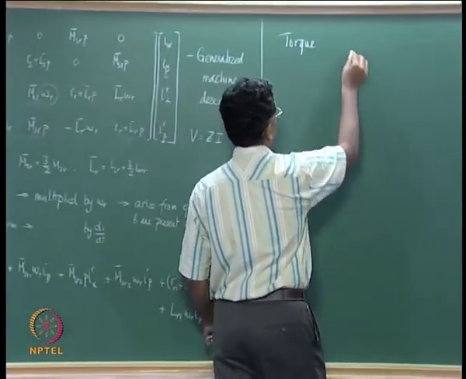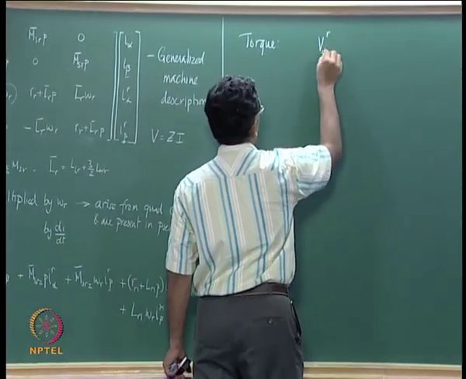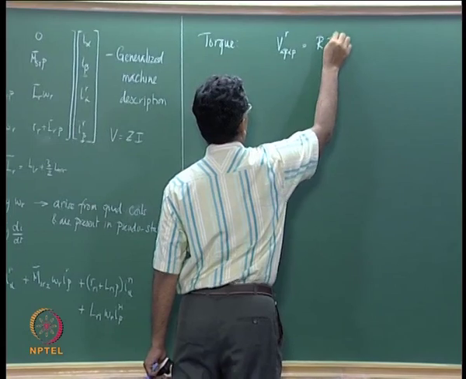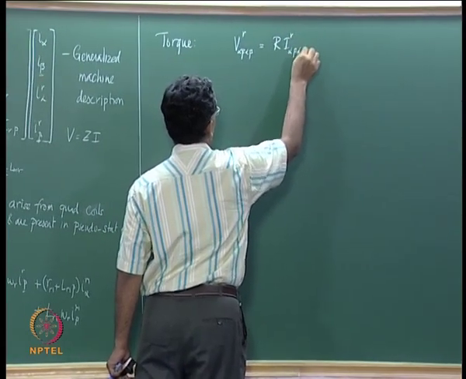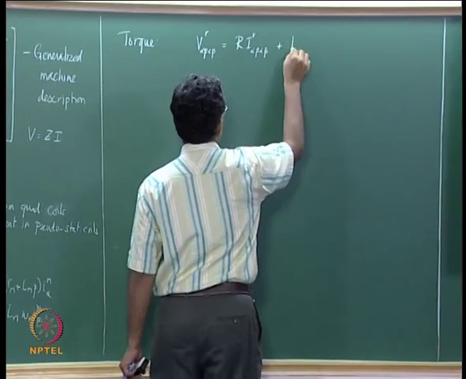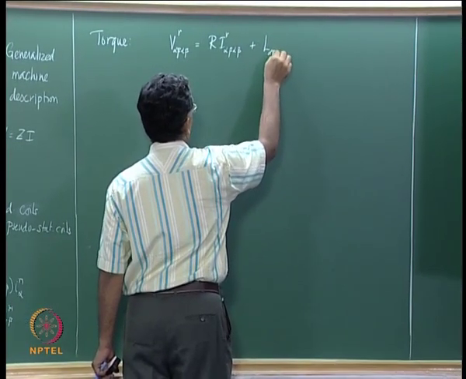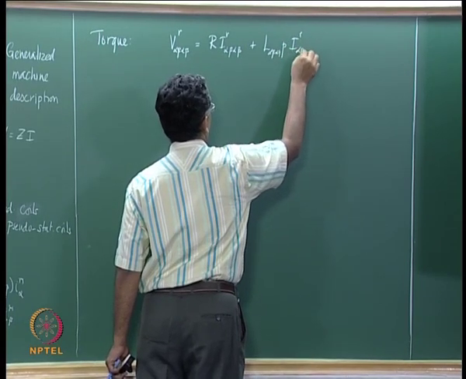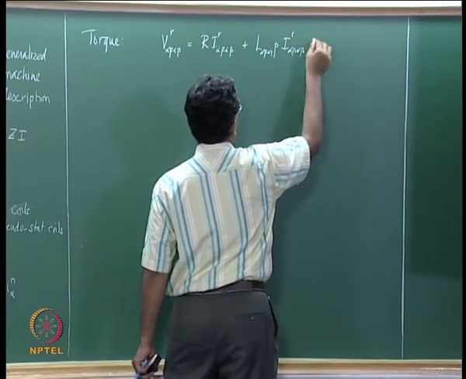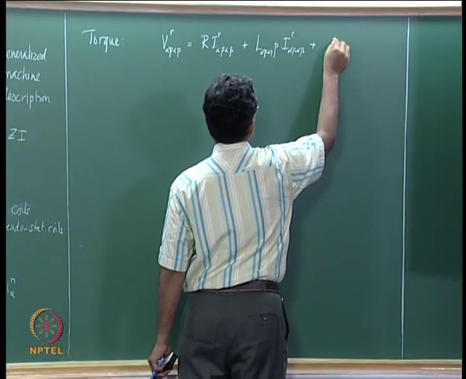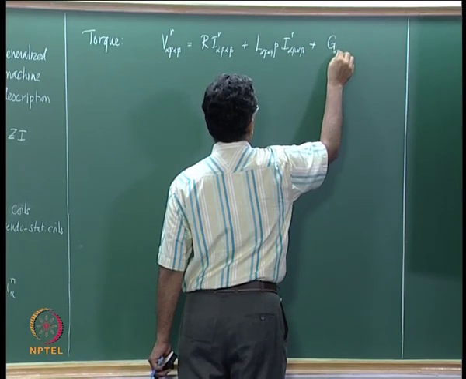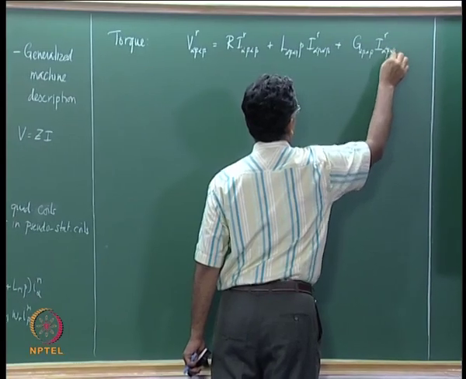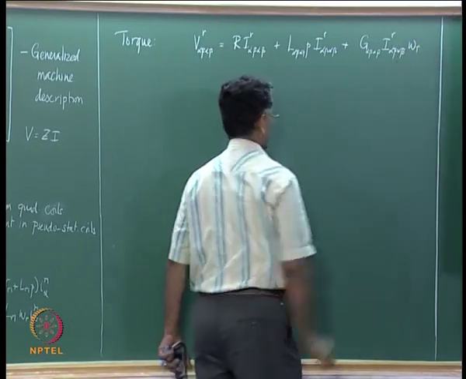So we can write this in the form VR alpha beta equals R into IR alpha beta plus L alpha beta into P IR alpha beta plus G IR multiplied by omega r.